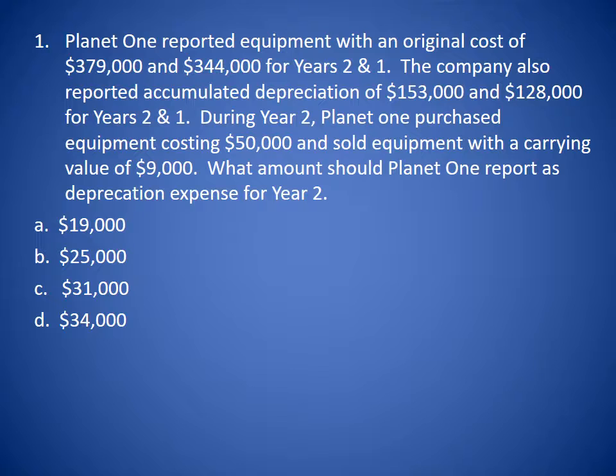What amount should Planet One report as depreciation expense for year 2? So you can see this is not as simple as just doing a simple depreciation calculation. We're going to require a little bit more than that. So when you're ready, go ahead and stop the video, calculate your answer, and then when you're ready, restart your video.